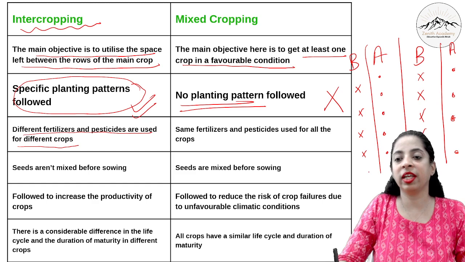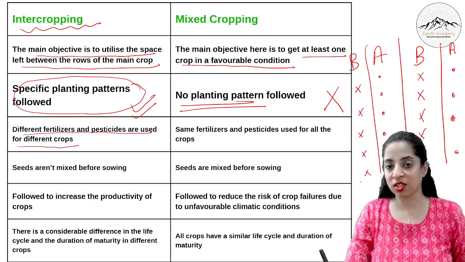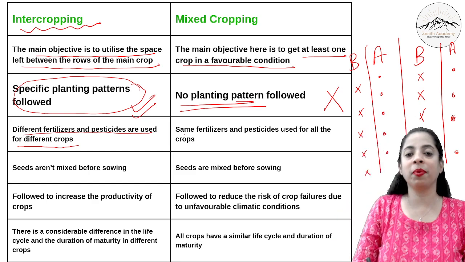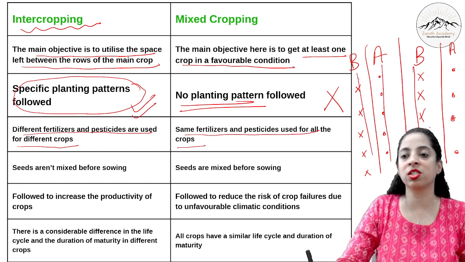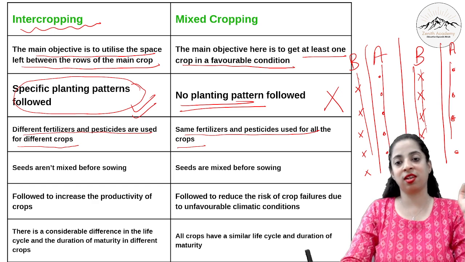So for each of them, different fertilizers are used. Now in mixed cropping, the same fertilizers and pesticides are used for all of the crops. All of them use the same fertilizer and pesticide.